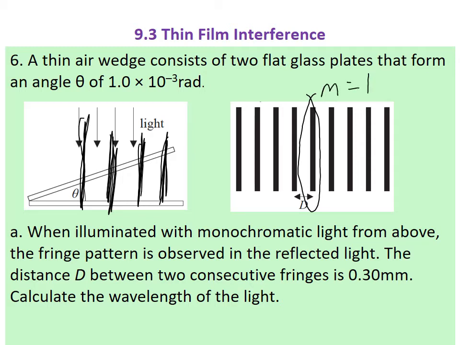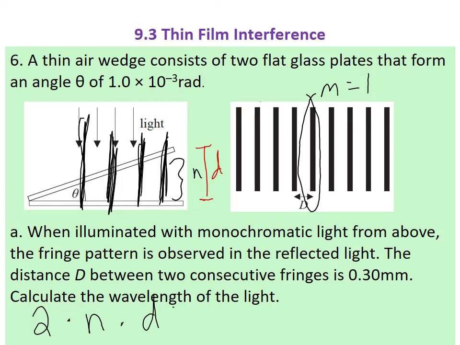This is my first minimum. So I have 2 times the refractive index of air. By the way, air is the medium here. It's not a fair question, I think. Times d, where d would be the thickness, d would be the maximum separation between the plates. Oh yeah, it's lowercase d.